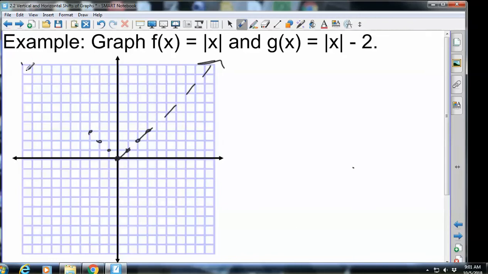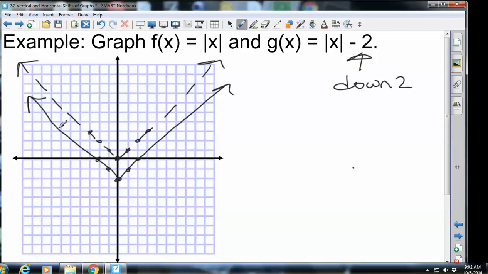If all you have is 0, 0, I will count it wrong. Just so you're warned. What's going to happen on this one? Down 2. So take each of those points, shift them down. Again, not just a single point, minimum of 3. And make sure either do solid and dashed or label which graph is which. Alright, up and down okay?